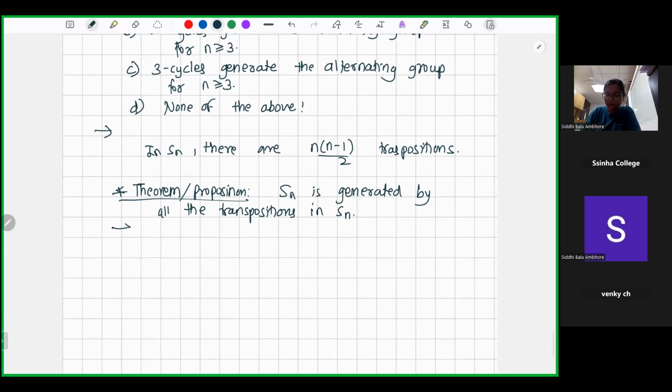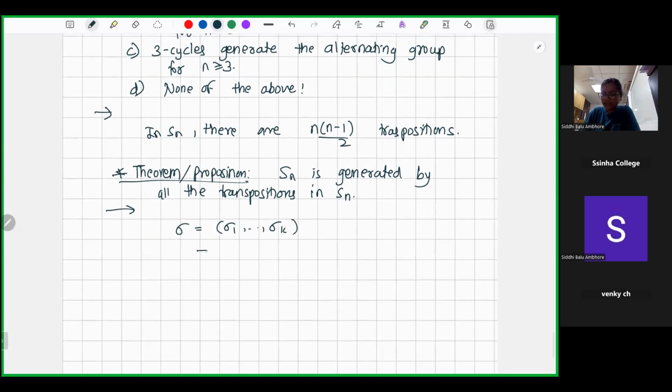And how do we do that? The proof goes like this: we showed that any sigma we can write in this form. If I have sigma, I write this sigma in cycle form, sigma 1, sigma 2, up to sigma k.